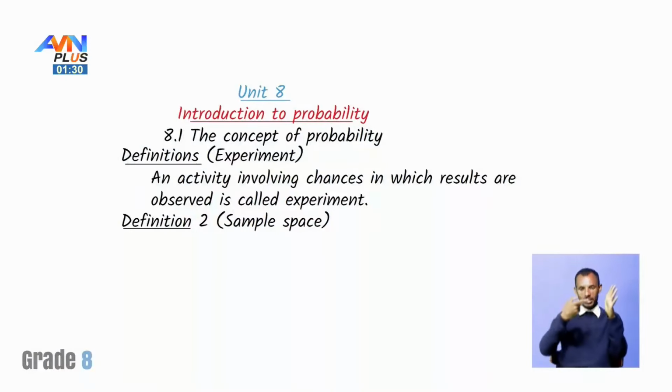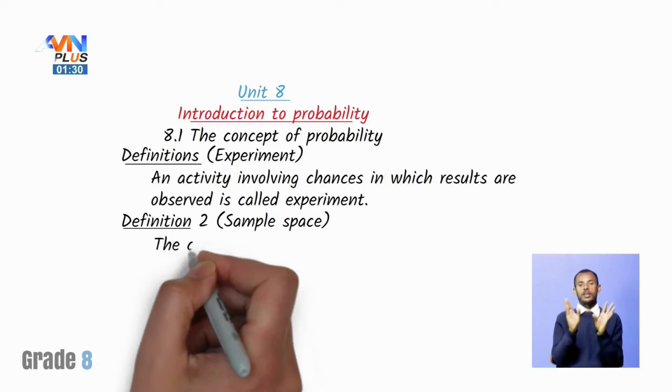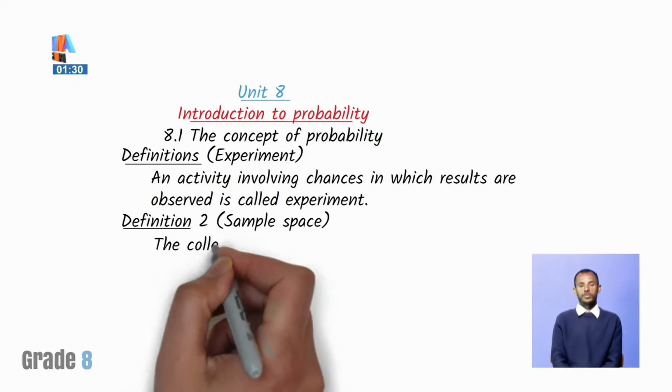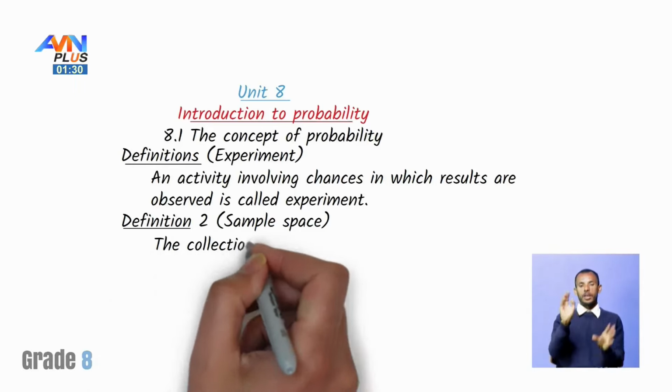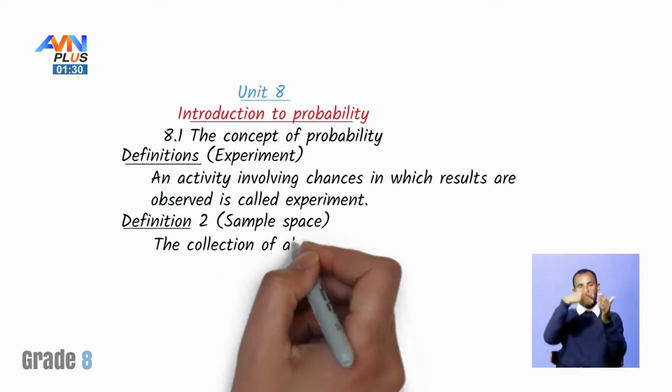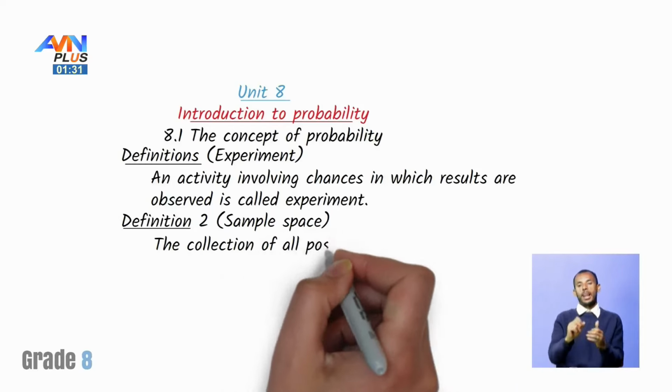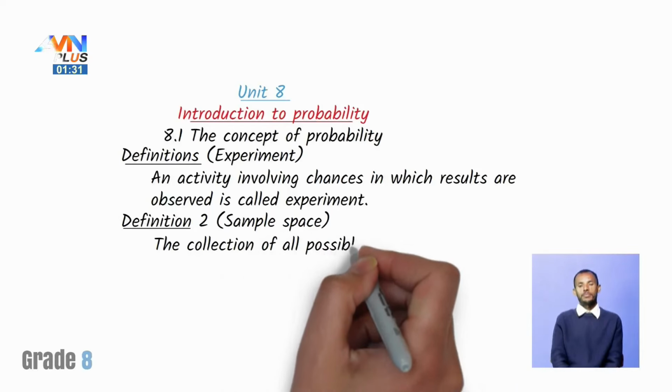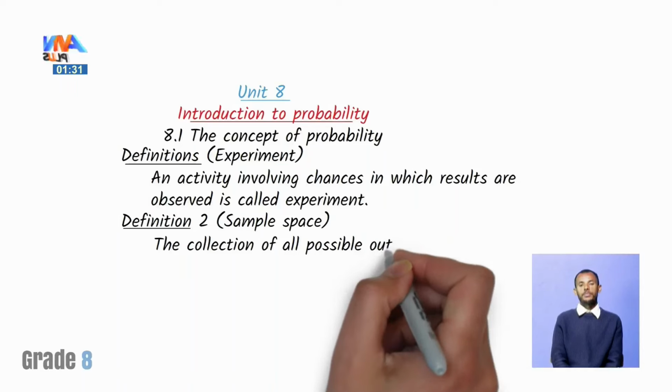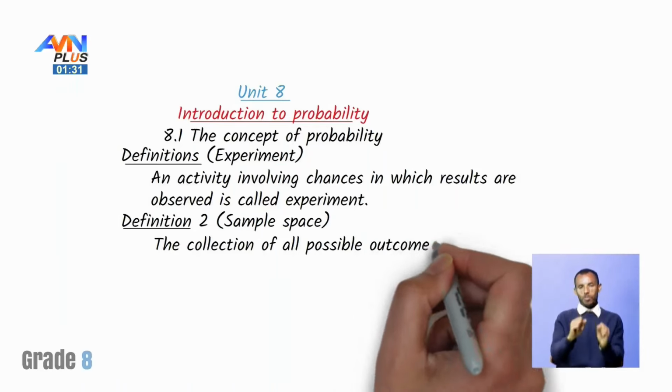The collection of all possible outcomes in an experiment.